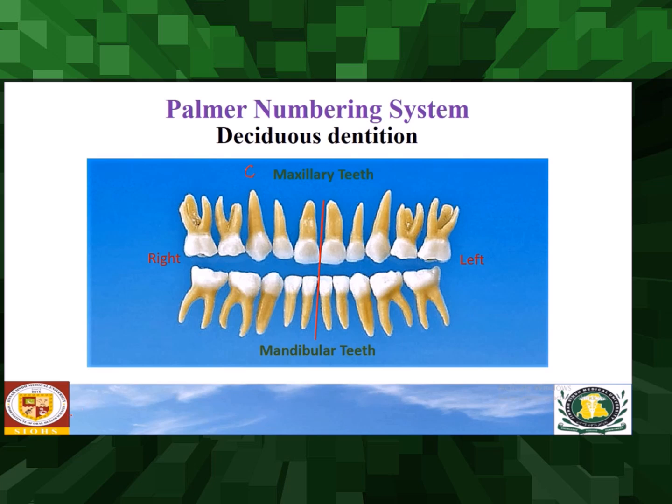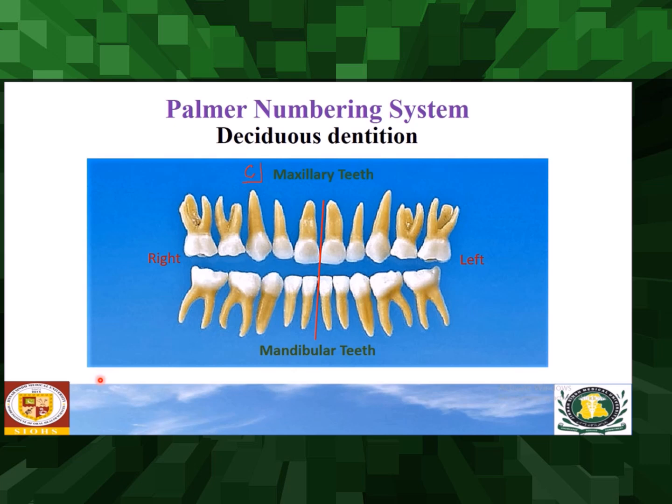But this C is used with a symbol, and we use this symbol because it is the canine of the right side in the maxillary arch. Now, maxillary left second molar. This tooth is the maxillary left second molar. This is central incisor, lateral incisor, canine, first molar and the second molar.